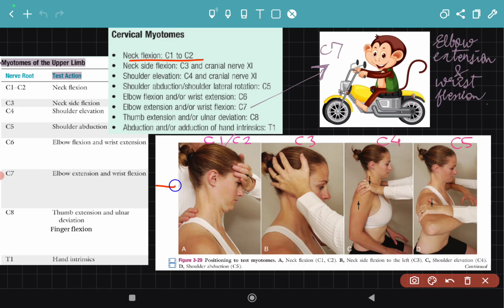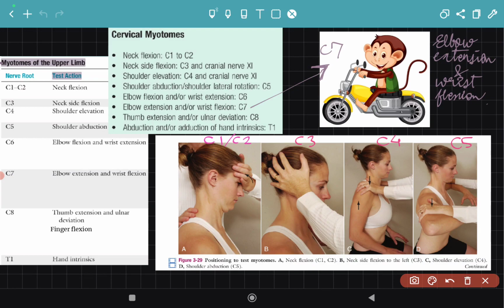We can check neck flexion by providing resistance this way and asking the patient to perform neck flexion and checking the strength based on MMT grades. If the patient is not able to perform because of weakness, then we can think the C1, C2 nerve root is entrapped. The motor component is responsible.